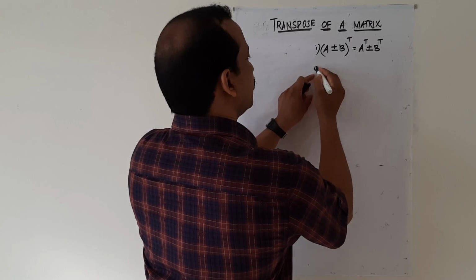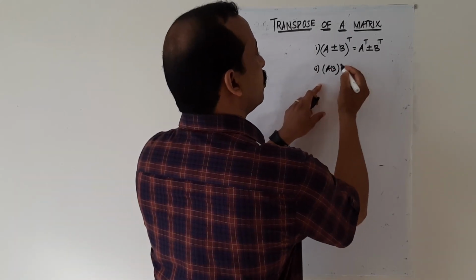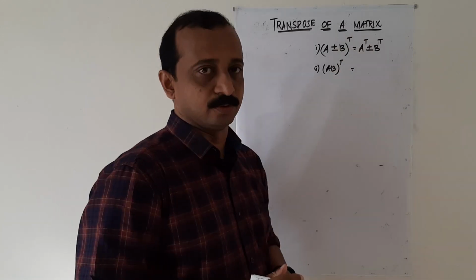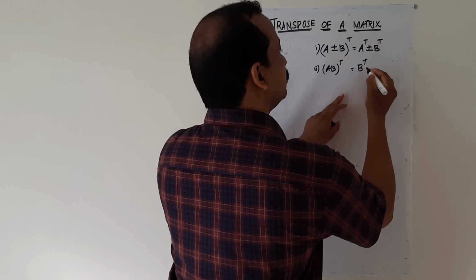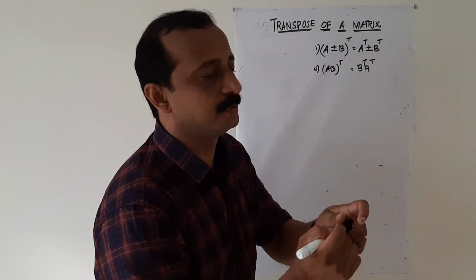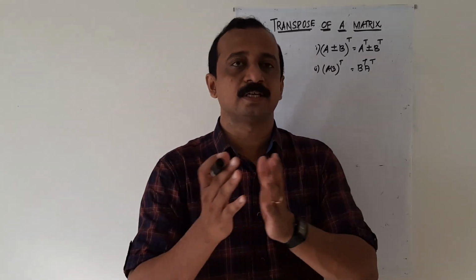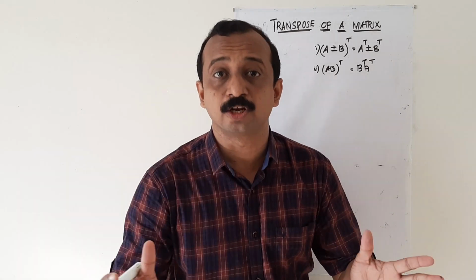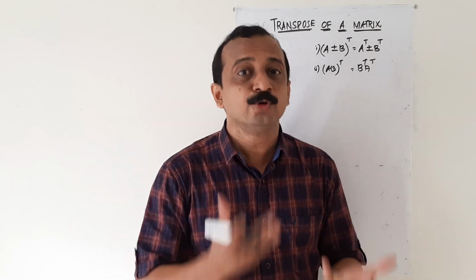Now, the second property says that (A into B) the whole transpose, that means the product of two matrices, is equal to B transpose into A transpose. Not A transpose into B transpose, but B transpose into A transpose. They are not equal because matrix multiplication is not commutative.